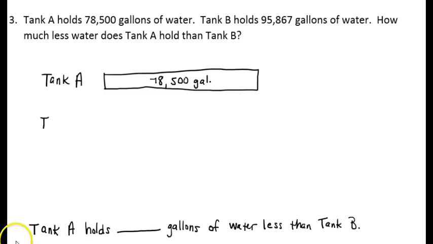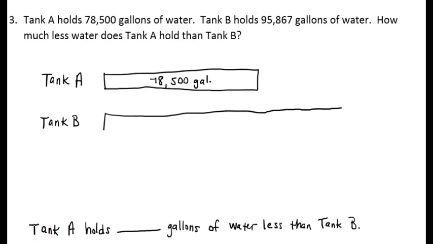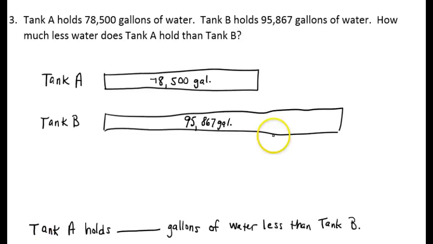And then tank B holds more than tank A, so we'll make that one bigger. And that one holds 95,867 gallons. What we need to find out is how much less tank A holds compared to tank B.